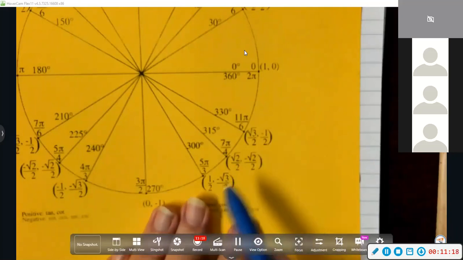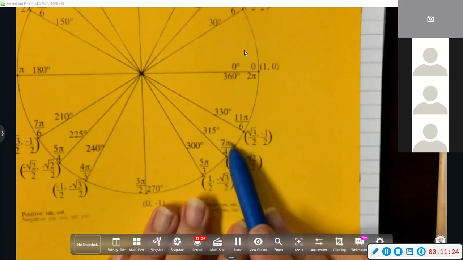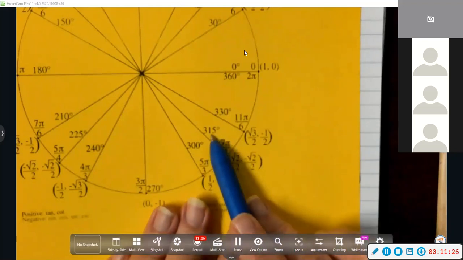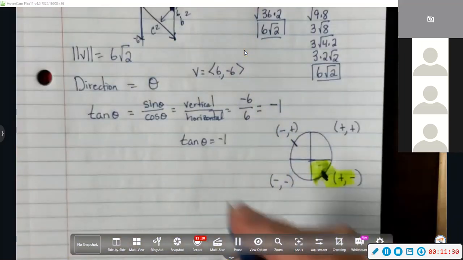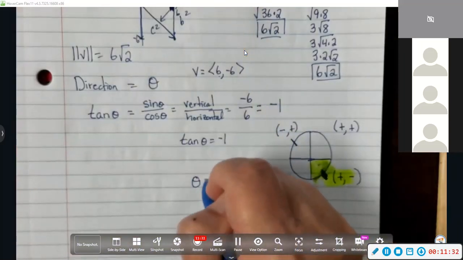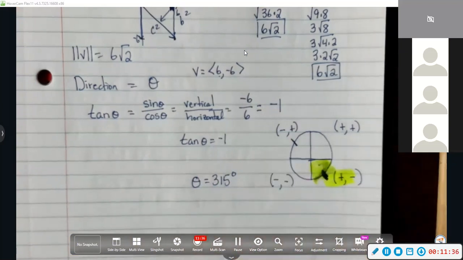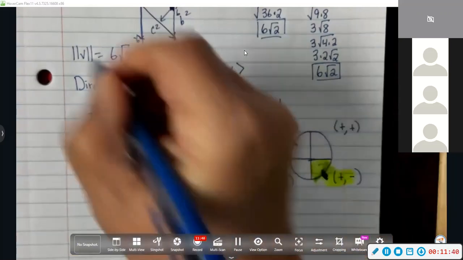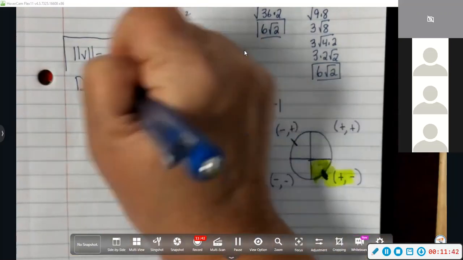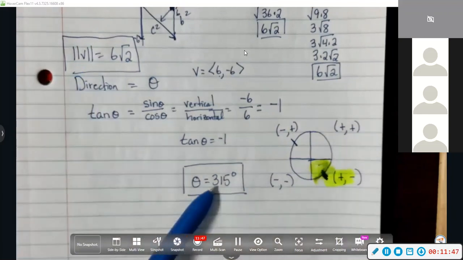But now that we're working with vectors, we're going to be measuring everything in degrees. So instead of 7 pi over 4, we want 315 degrees. So these two measurements answer the question. Here's the magnitude. Here's the direction.